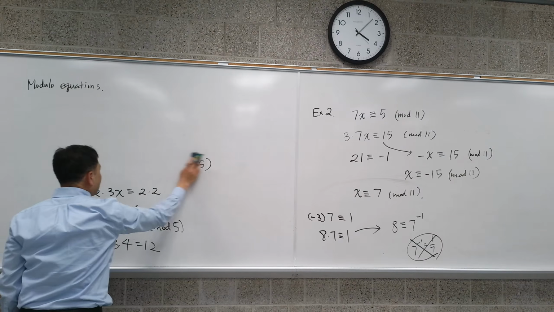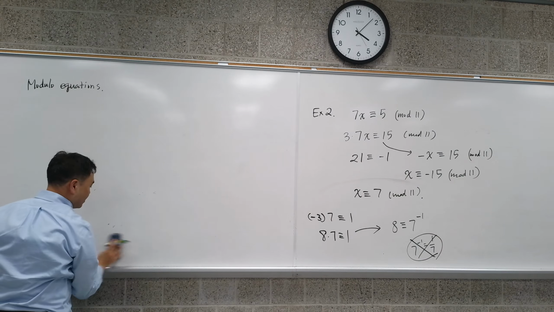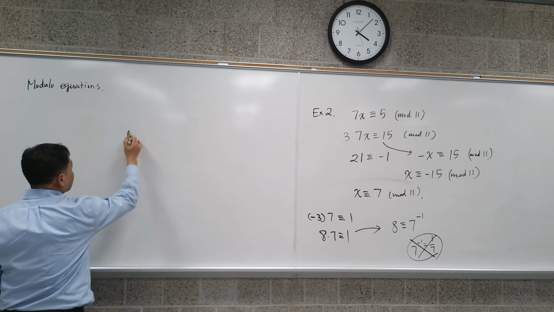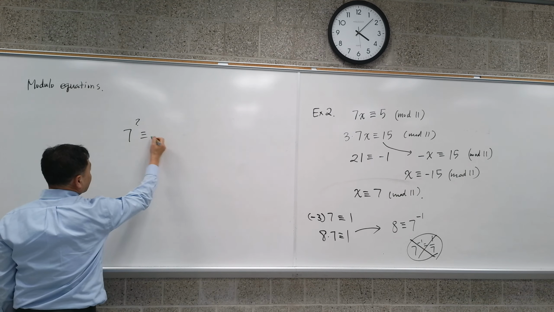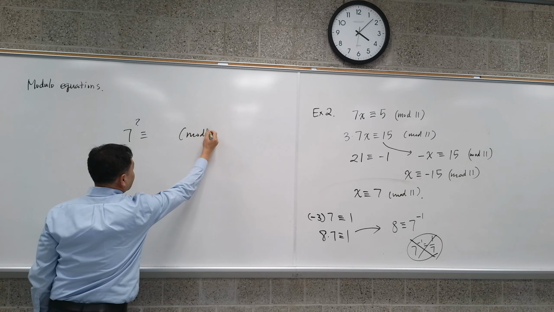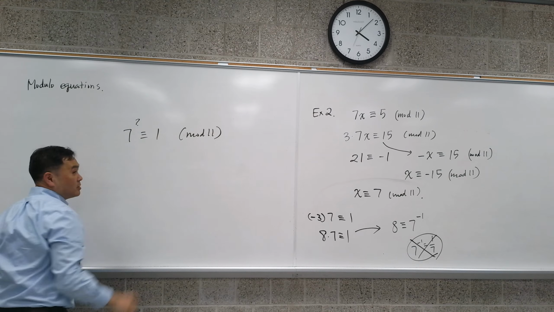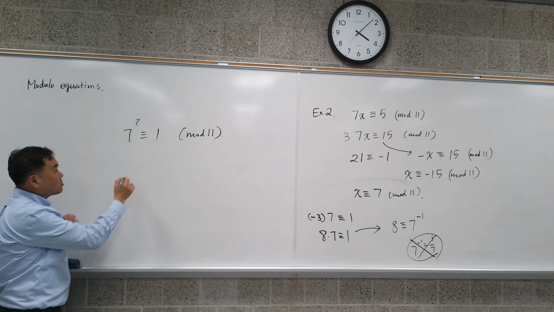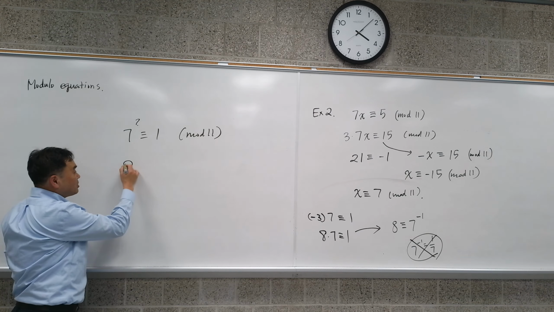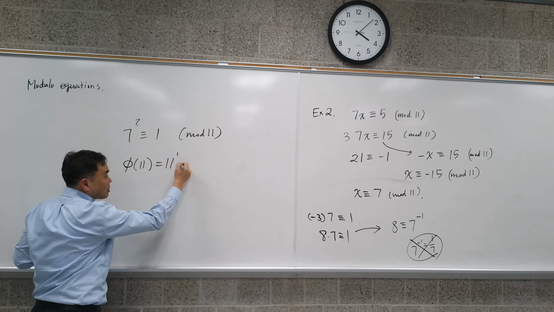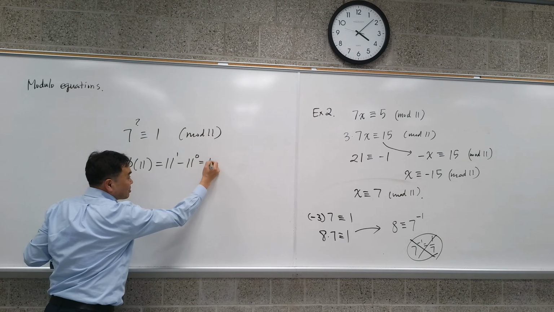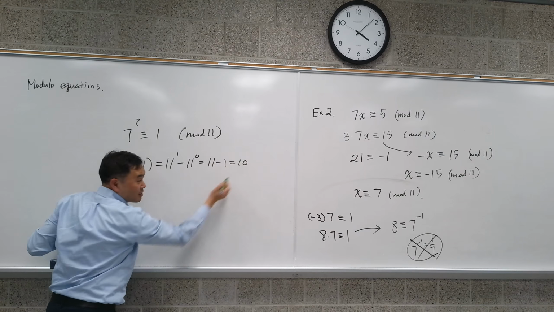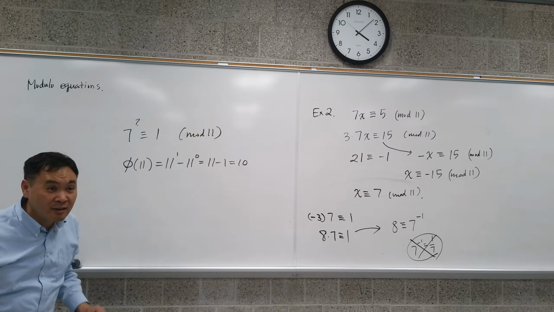See, we know that 7 to what power mod 11 gives you 1? What should this be? Well, we can just calculate phi of 11, right? Which is prime itself, so it's 11 to the first power minus 11 to the 0th power, which is 11 minus 1, which is 10, right? Is that right? Okay.